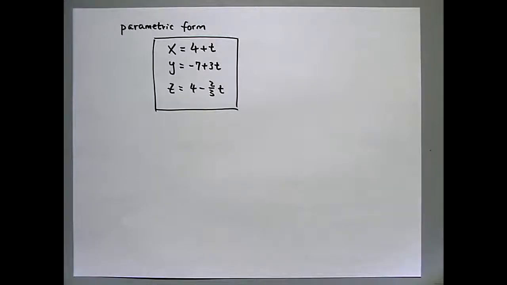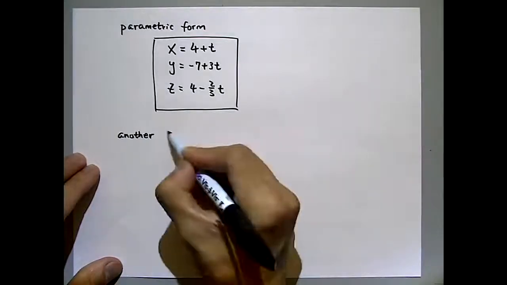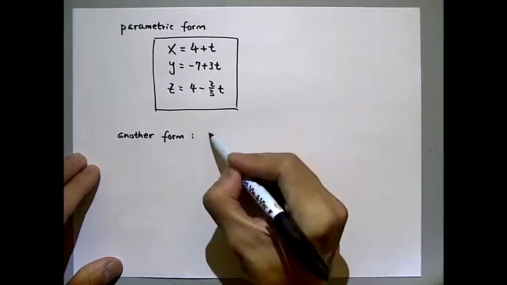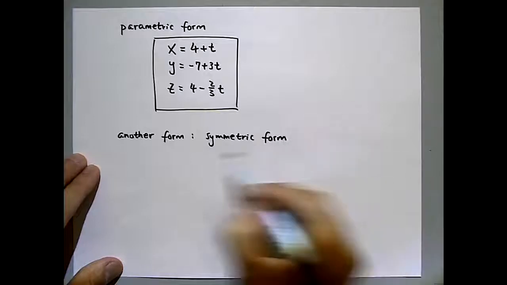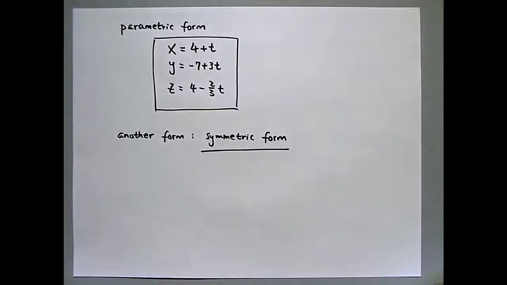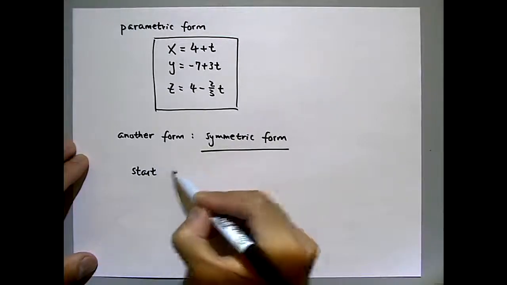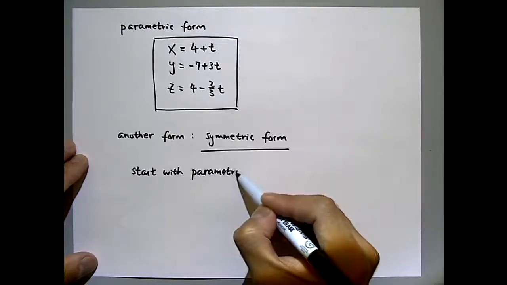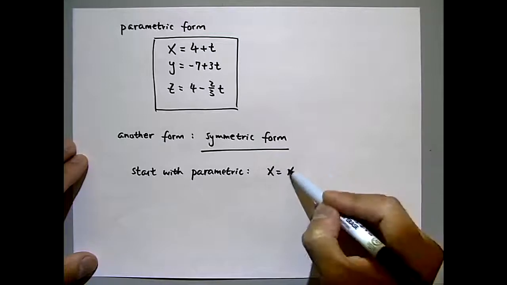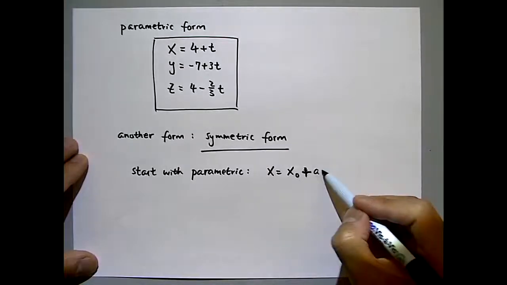All right? There's one last form we haven't looked at. This form is called a symmetric form. And the easiest way to get a symmetric form is to start with a parametric. So we'll leave that in general here. X is x sub 0 plus at.